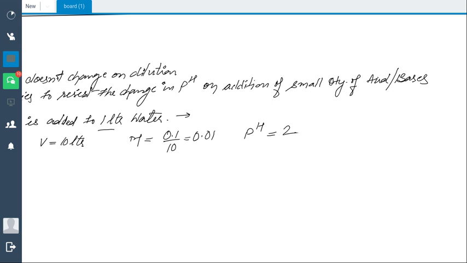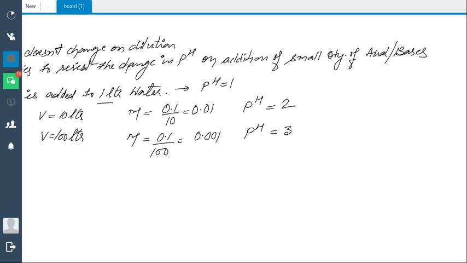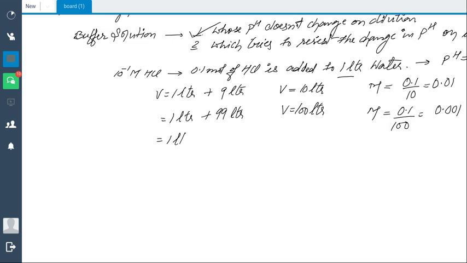Here the pH was 1. If you add 99 liters, volume becomes 100 liters. pH becomes 3. If you add this much, volume becomes 1000 liters.